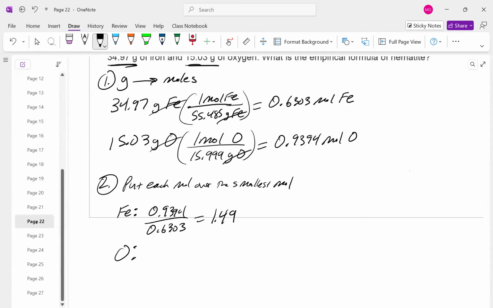And for oxygen, it's just going to be 1. Did I mix up my values? I did. I'm so sorry. I mixed up my values. This should be oxygen, and this should be iron. Sorry about that.